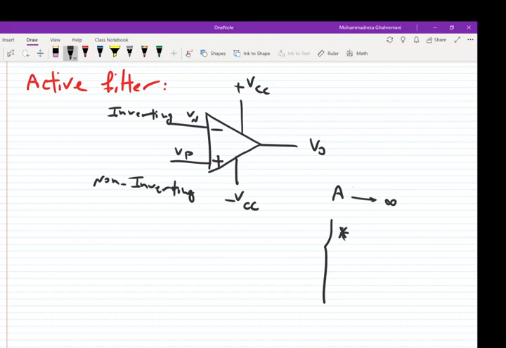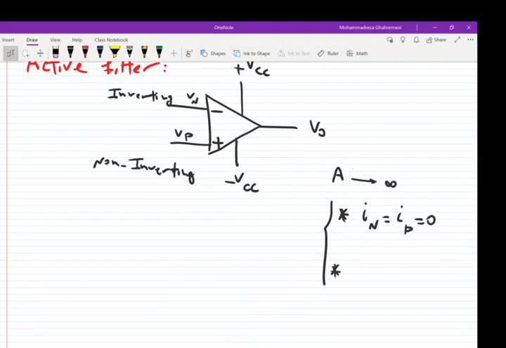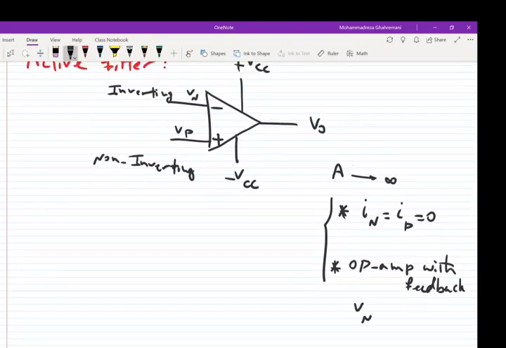And an op amp has two characteristics. First, IN is equal to IP is equal to 0, so there is no current entering the inverting and non-inverting terminals. And the second rule: in op amps with feedback, the op amp tries to keep Vn equal to Vp.